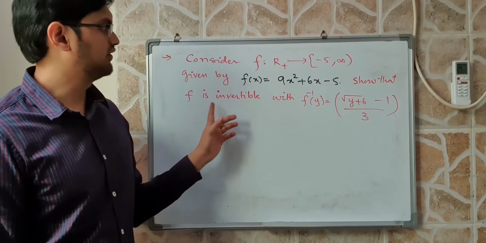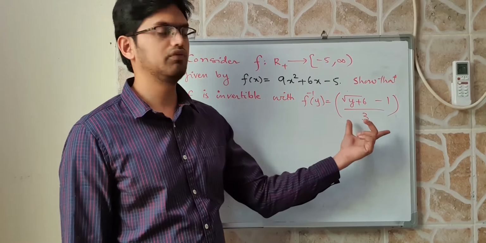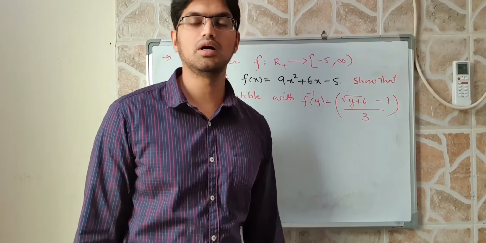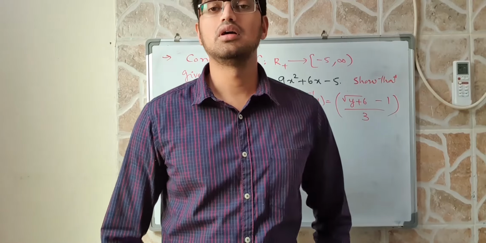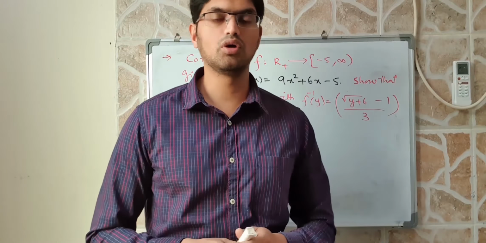Show that f is invertible, and they have also provided you the formula for the inverse function, that is f inverse is equal to root of y plus 6 minus 1 by 3. Now this problem is very important. Let us see what we have to do.